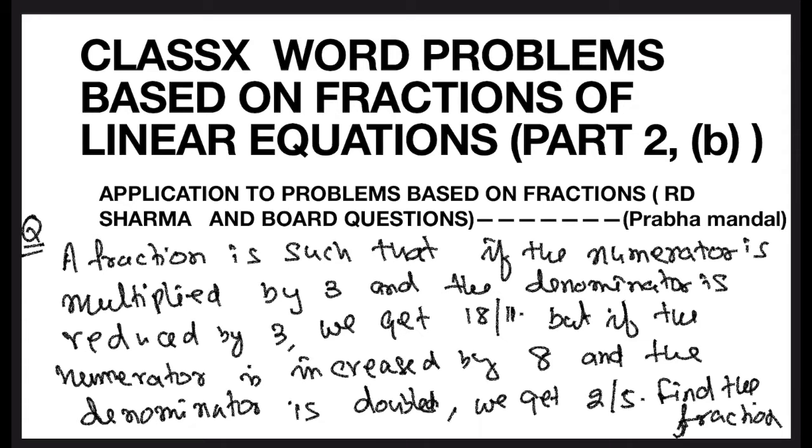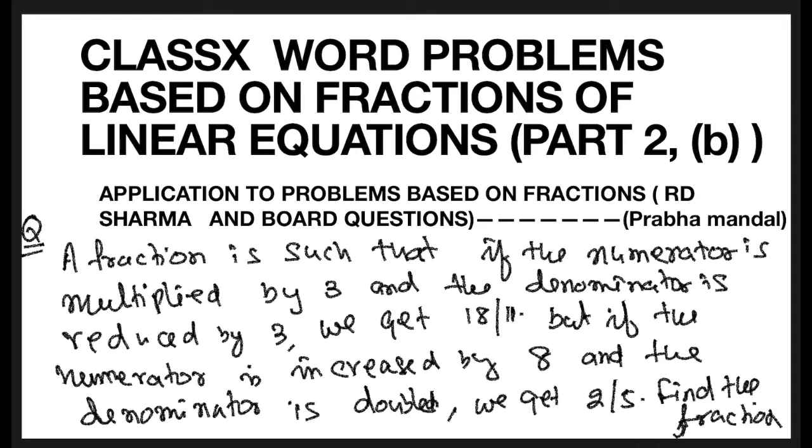Suppose the numerator is 2, then you do 2 plus 8. And the denominator is doubled. Let us say the denominator is 5, double means 5 into 2, 5 twos are 10. Then after solving, you will get 2 upon 5. Find the fraction.